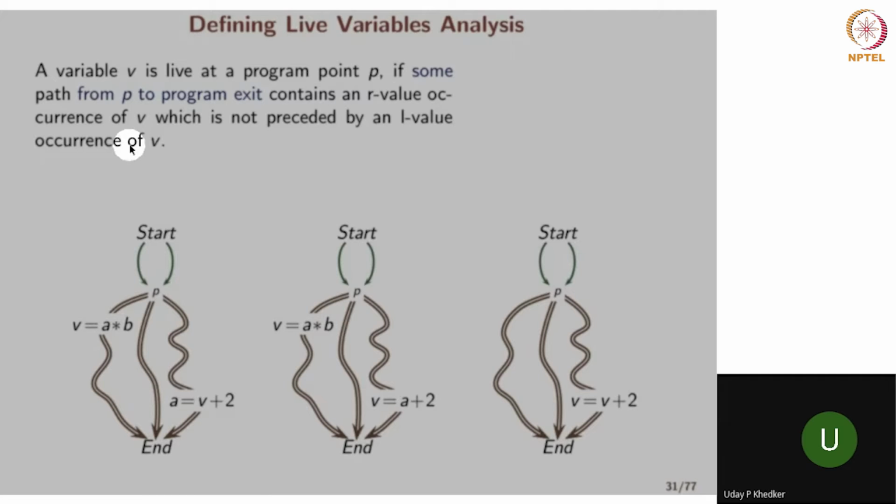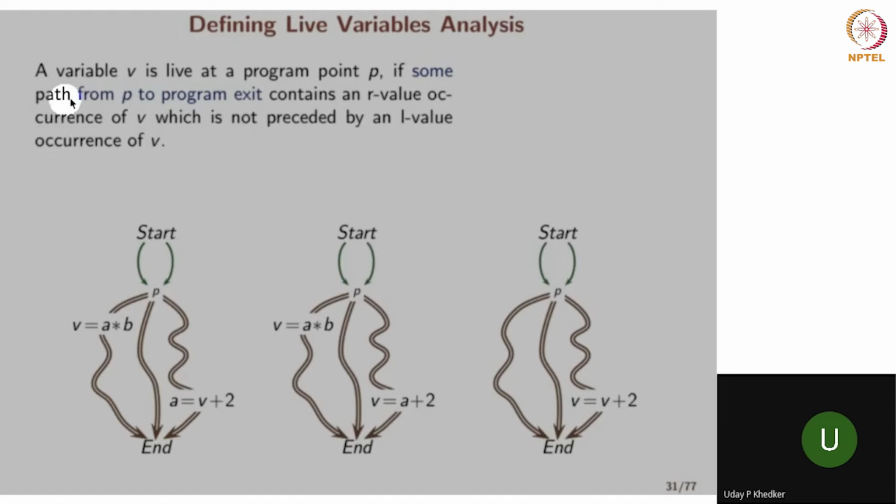Okay, then we're talking about paths from P to program exit. We're not talking about paths from start of the program to P. Instead, we are talking about paths from P to program exit. We are ignoring paths from start to P. So this is an interesting feature. The third thing to observe is that we're talking about some path.